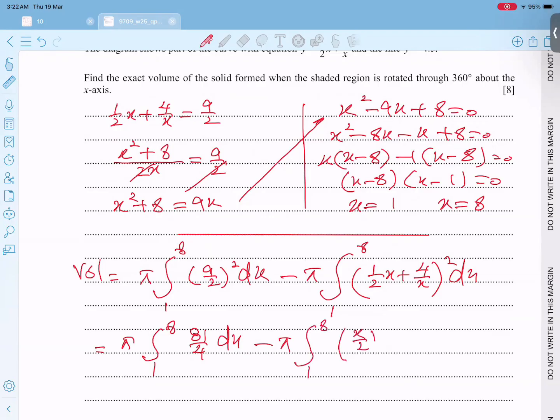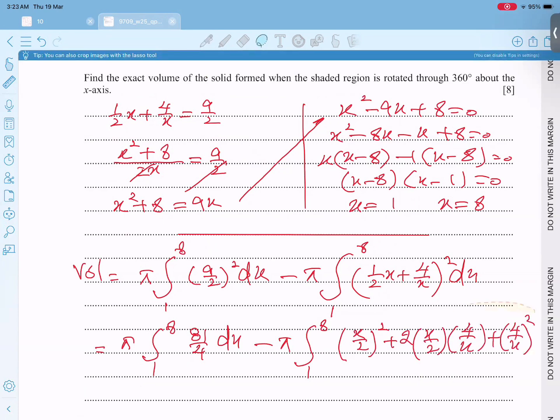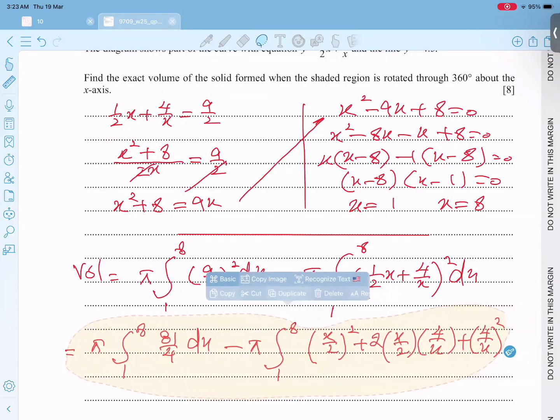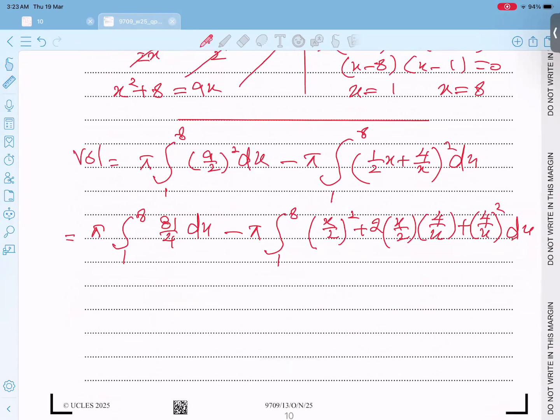First term square plus 2 into first term into second term plus second term square. And you know, students, what to do after that? One minute, please. And dx must be there, I forgot to write. Now, students, the constant you can bring outside, what is left inside is 81 over 4 pi, and inside, 1 is left.